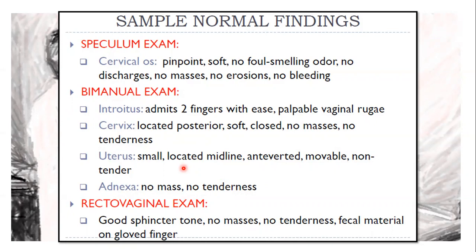The uterus is small, located midline, anteverted, movable, and non-tender. The adnexae have no mass and no tenderness. As for the rectovaginal exam, there is good sphincteric tone, no masses, no tenderness, and there is fecal material on the gloved finger.